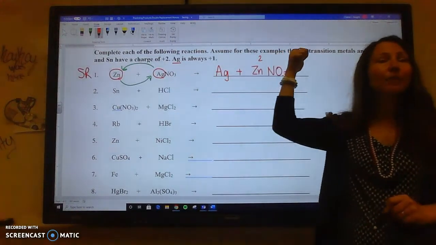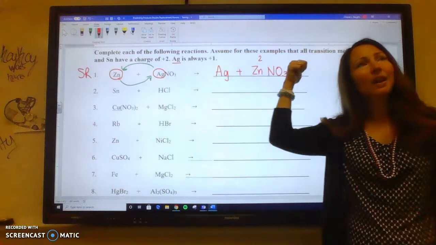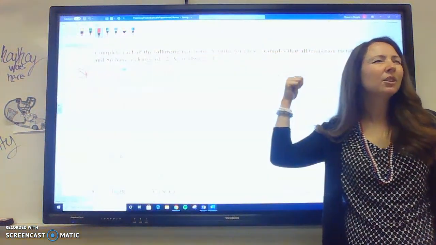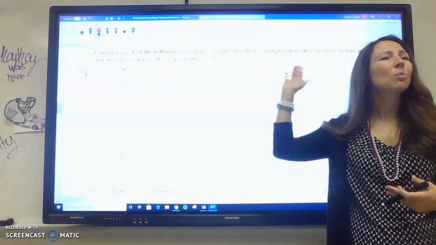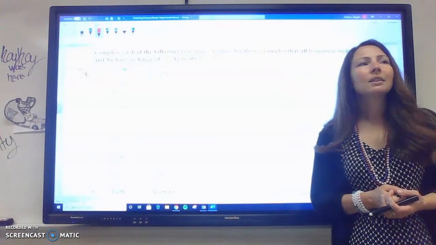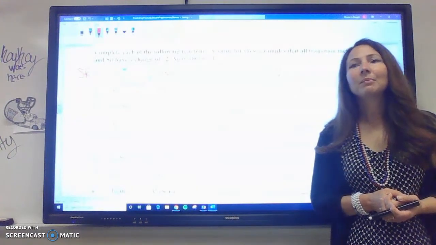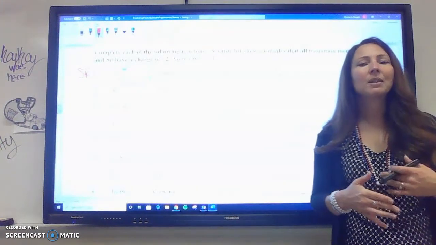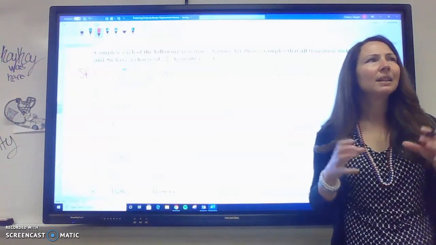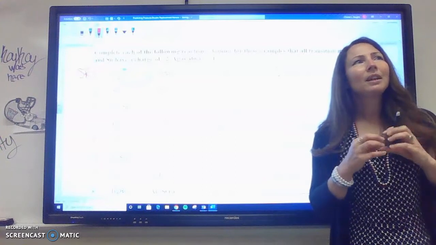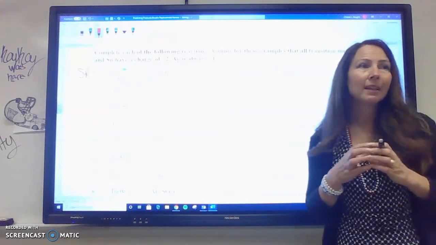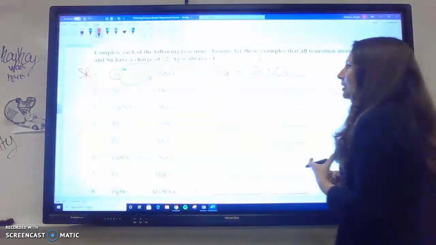Again, you're going to have to refer up to here to find out what the charge is of the transition metal. Most of them are commonly 2, just to make life easier. We're going to say that they're all a 2, except silver, because silver is something that in AP Chem you'd have to memorize, but silver is always a +1 charge. No exceptions. So that's the one and only transition metal that's always got the same charge. Okay, silver's just strange like that.